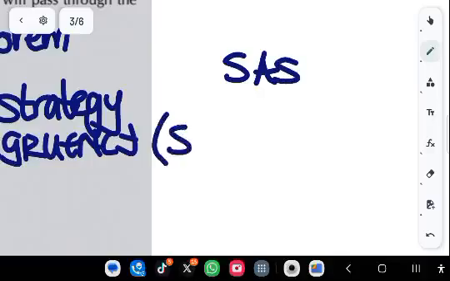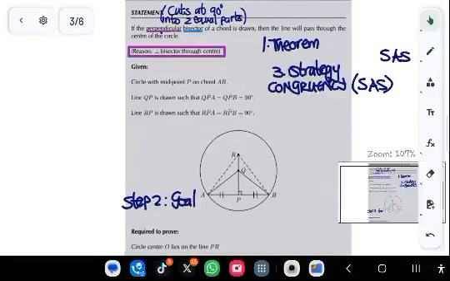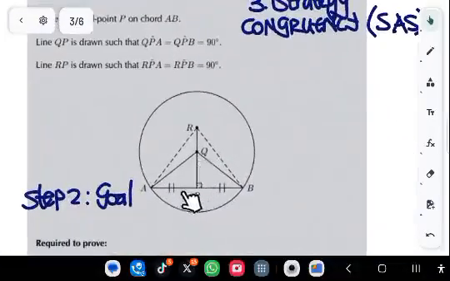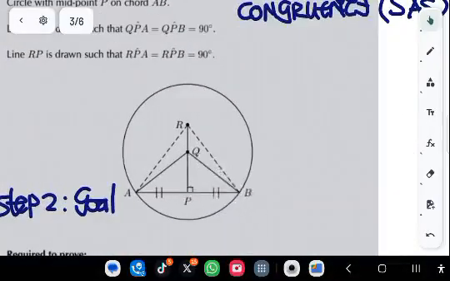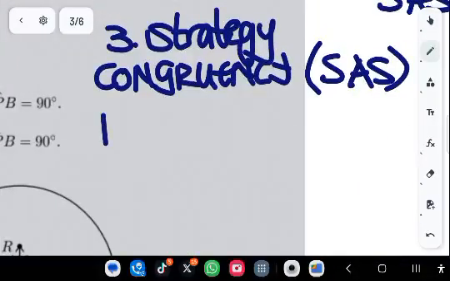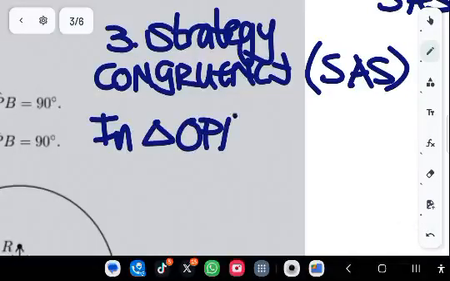That's the proof of congruency that will be best. Let's start. In triangle QPA and triangle QPB, let's start with that triangle and then we'll do the other one.